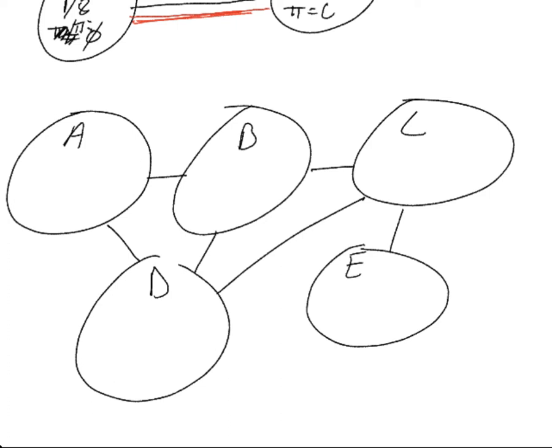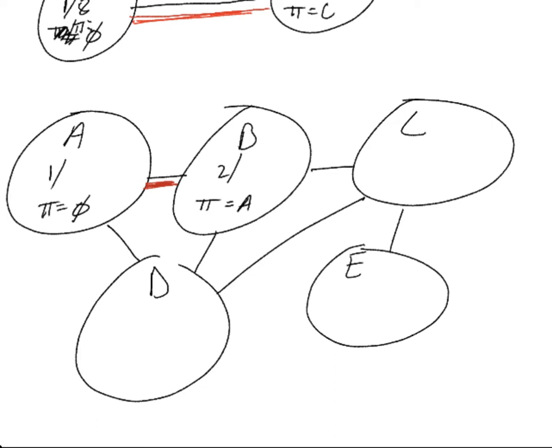Okay, we're going to start at A. Its discovery time is 1. Pi is null. Let's say the first edge in the adjacency list is this one here. So that'll be in the depth first search tree, that edge right there. And B's discovery time is 2. Pi is equal to A.